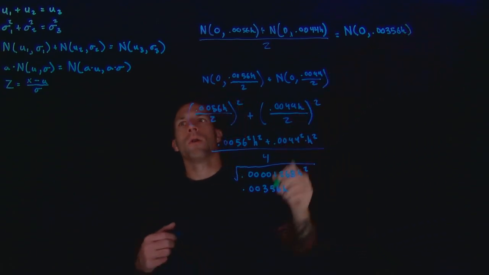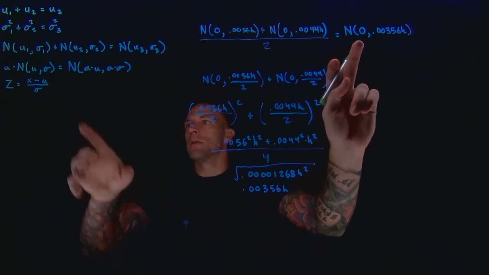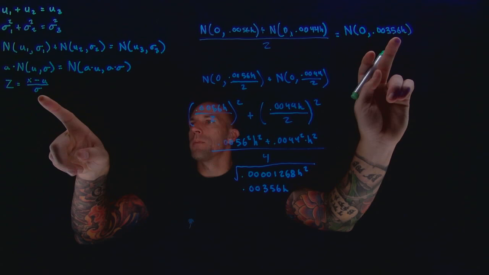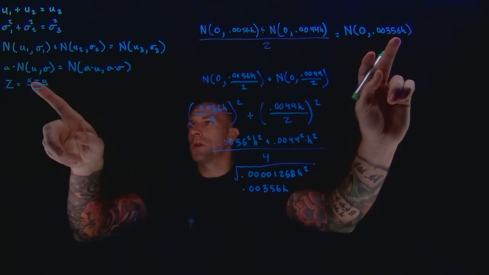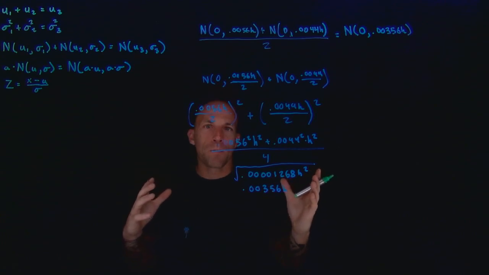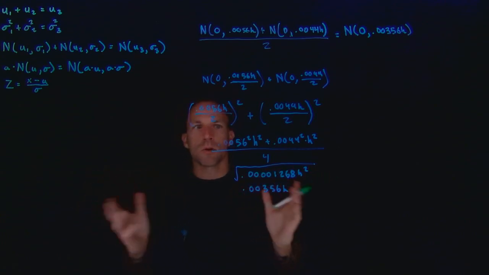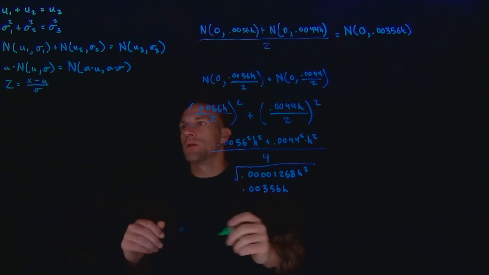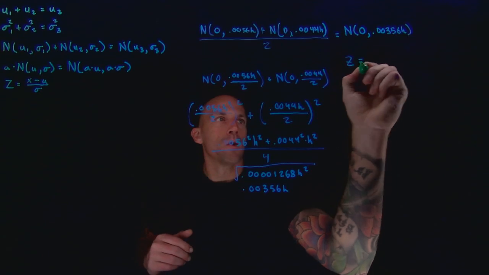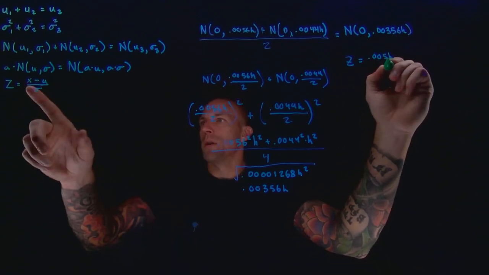And now we can apply our z-score. We have a mean of 0, we have a standard error here of 0.00356h, and then this x, we're asked to find if the average of this measurement error is within 0.005h. So to find our z-score, we're going to let that 0.005h be our x.